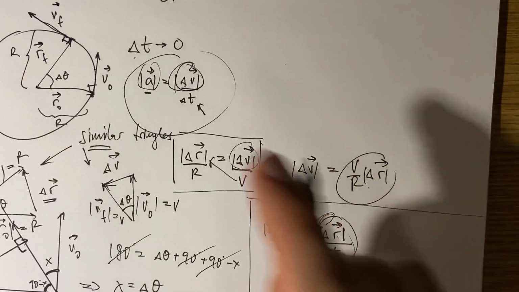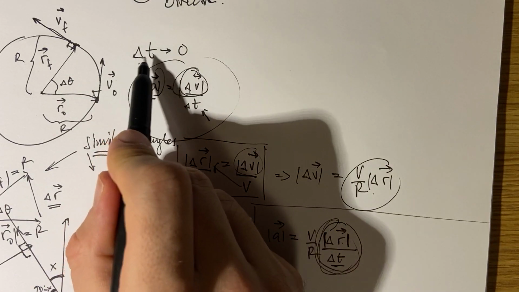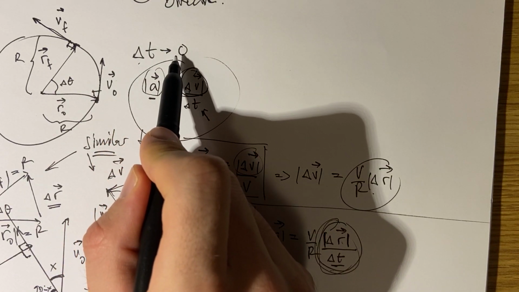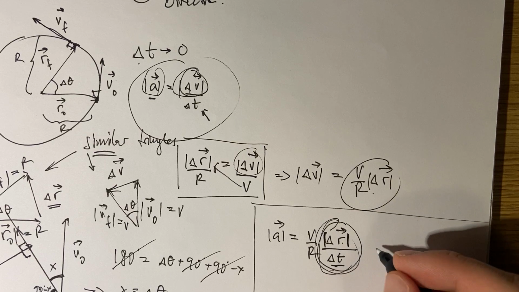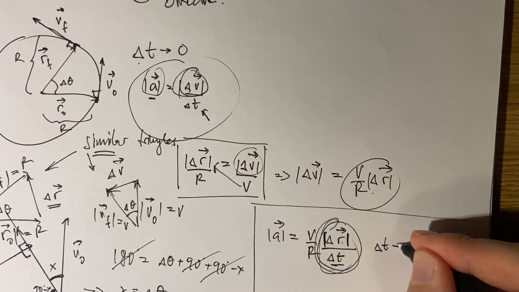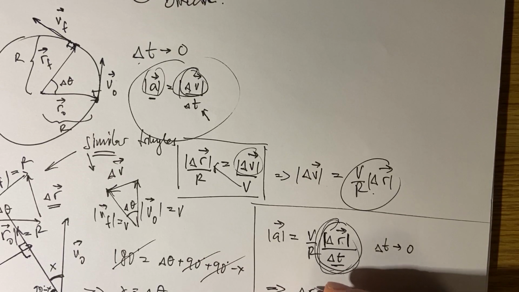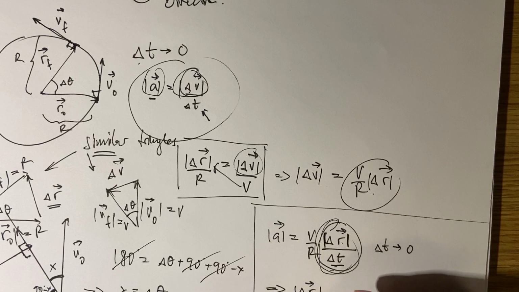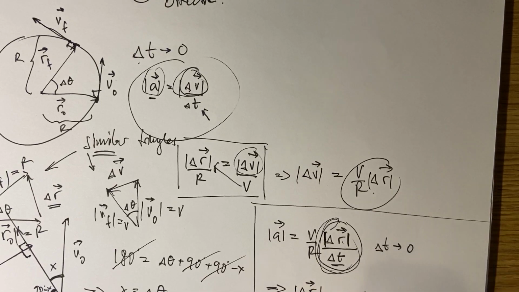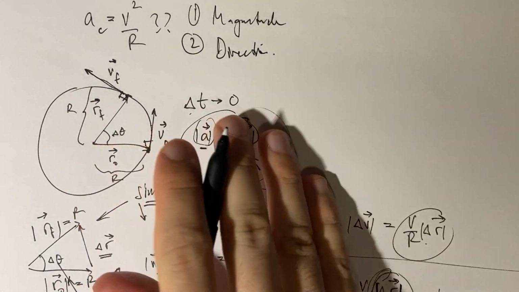And we will achieve that by letting delta t move towards 0. This essentially means that when delta t moves towards 0, then delta r over delta t will become v, which is the constant speed.